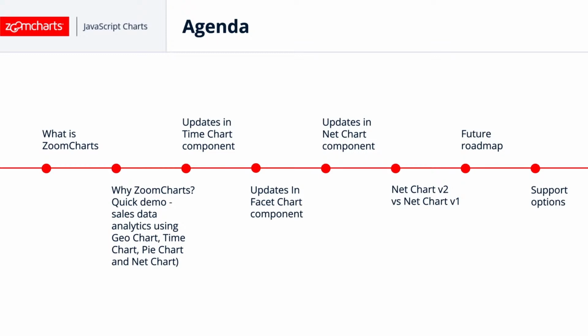What exactly is ZoomCharts? What exactly are we offering? Why is that unlike anything else that's out there? And this is both for people who are new to ZoomCharts, and it's also a reminder for everyone else about what we're all about.